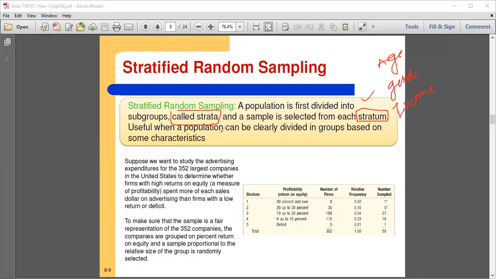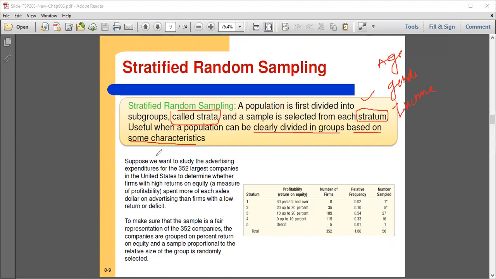Useful when a population can be clearly divided into groups based on some characteristics. So that particular random sampling type is used when the population characteristics are clearly defined.